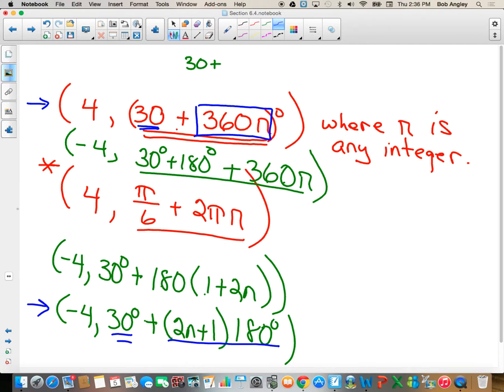Now, I'm going to grant that that looks a little bit weird. But as weird as this looks, let's try to change it to what it would be for radians. So I'm going to extend down just a little bit.